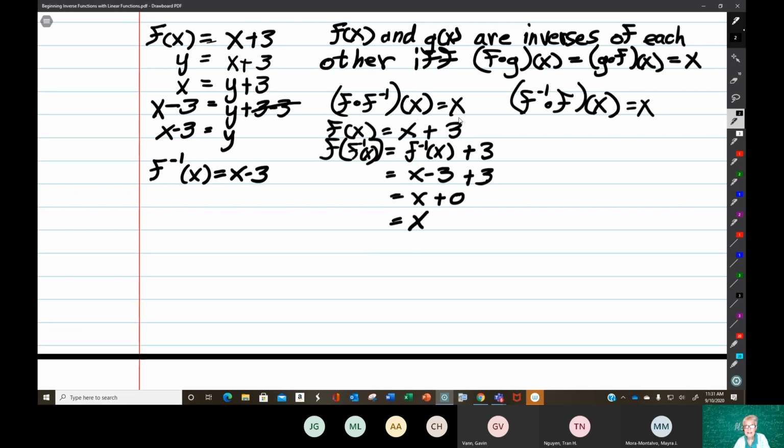We're halfway there. f circle f inverse of x really does equal x, but it's got to be true the other way around. All right, so f inverse of x equals x minus 3. Now, f inverse of f, or f inverse circle f, is going to be f inverse with f of x in here, which means f of x is going to go in for x.